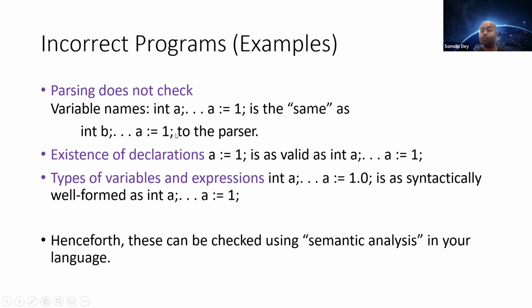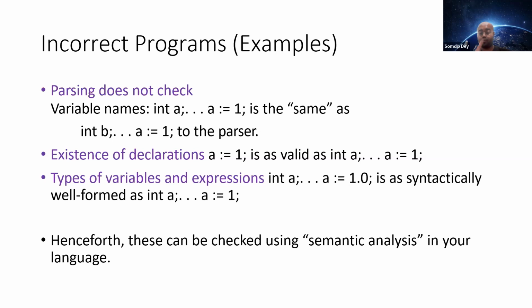Parsing also doesn't check whether the variable is declared in advance of assigning it. Another thing parsing doesn't do is check whether the different types of variables and expressions being used are well formed or not. These types of error checking actually happen as part of semantic analysis.